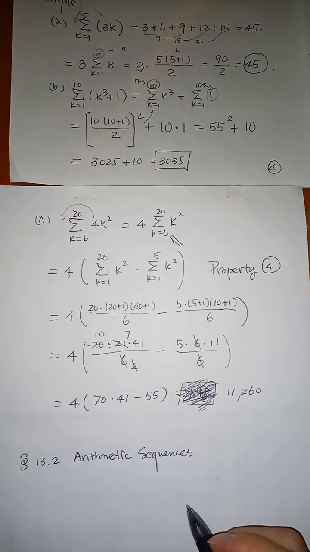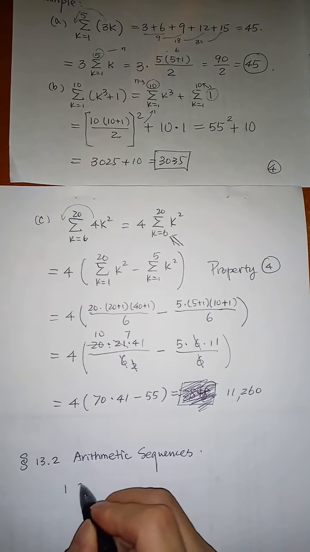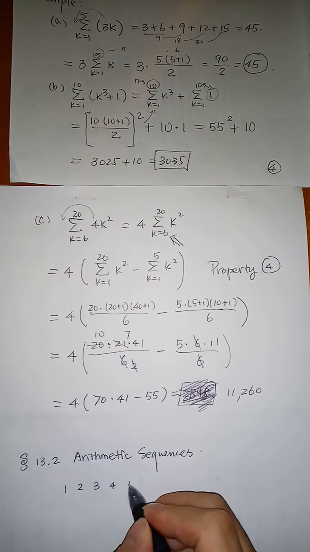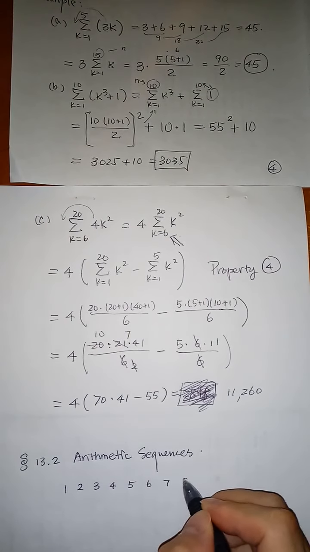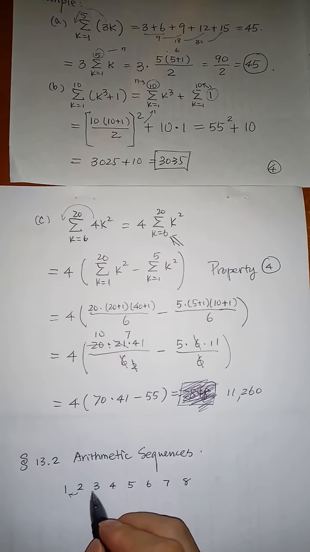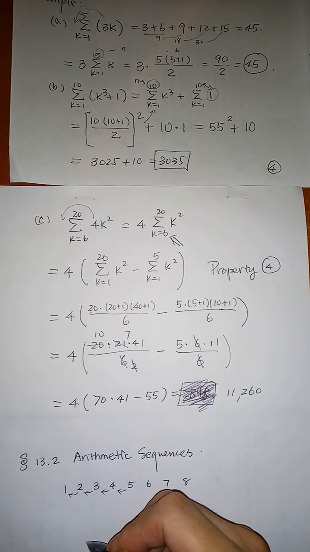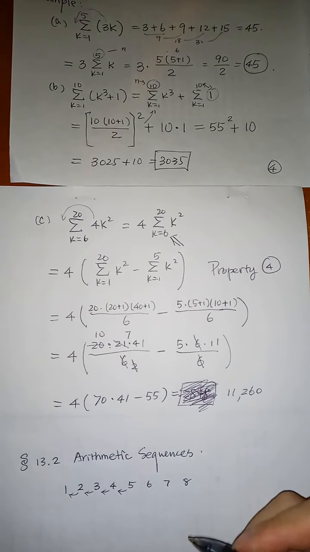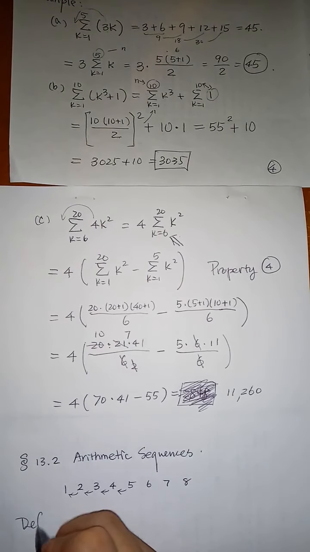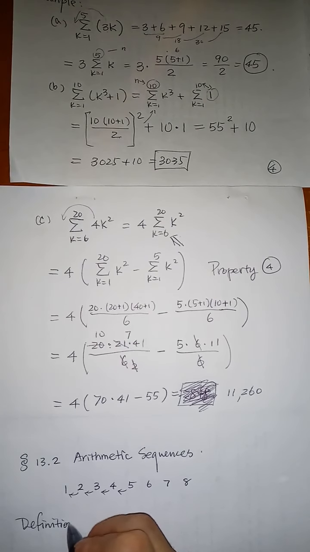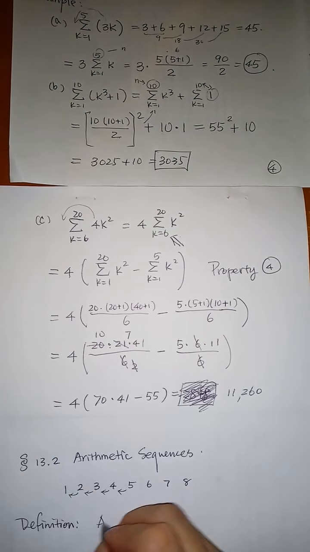What is an arithmetic sequence? You see, in the sequence of integers, the difference is a fixed number. So next term minus current term is always a constant number. A constant 1.